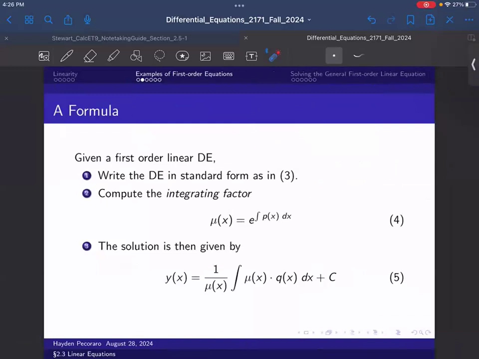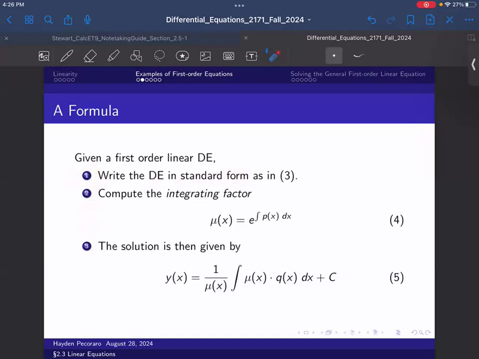So here's a formula that you can use to solve any first order linear differential equation. I'll give you a minute to write that down. I'll explain it. So first, it's 3 steps, 1, 2, 3. You want to write it out in standard form. If you're given a differential equation, you can check that it's linear and first order.